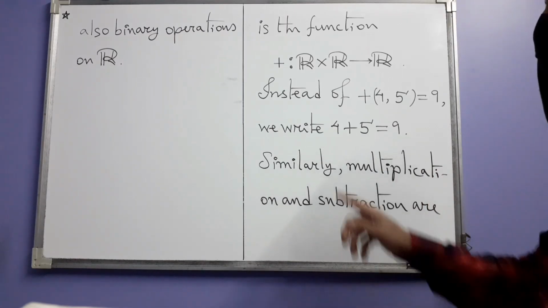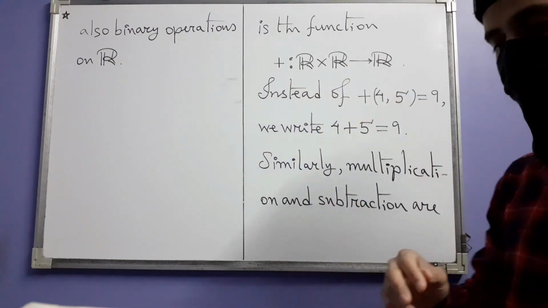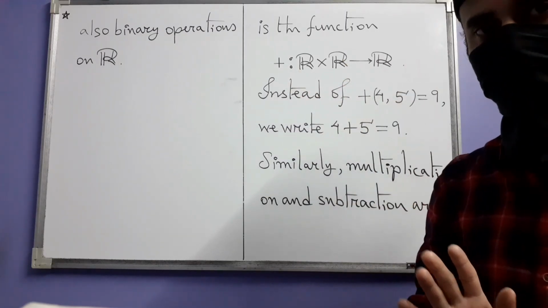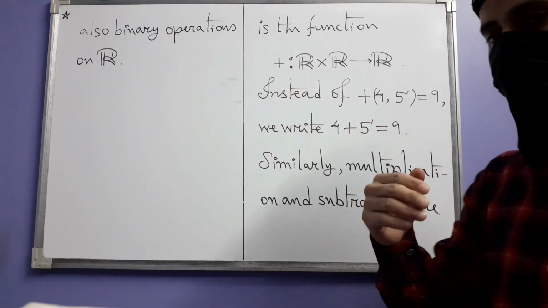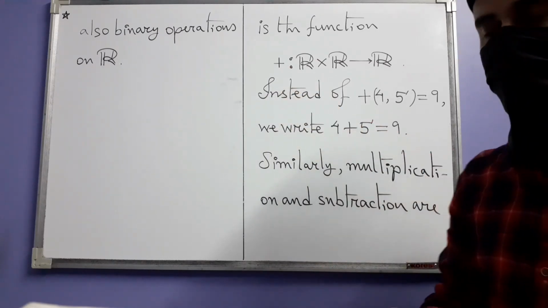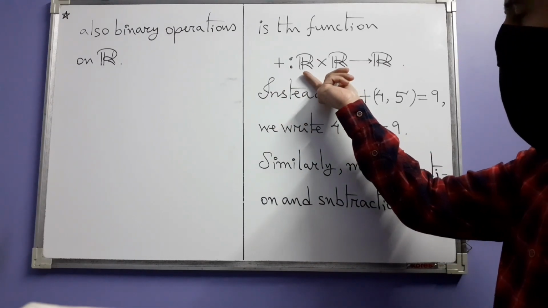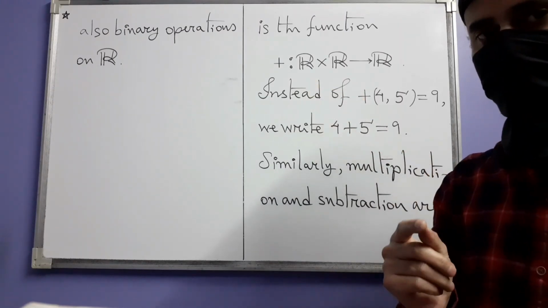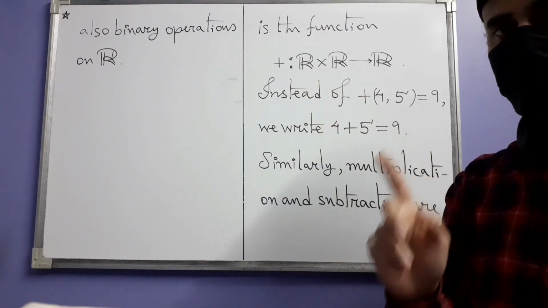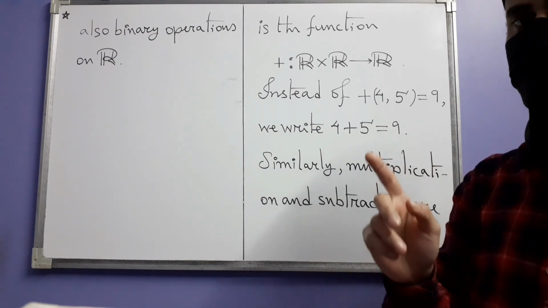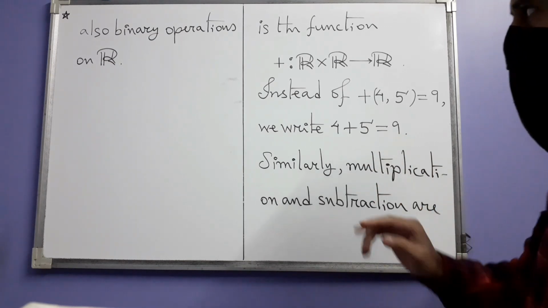By the way, why is this a function actually? You should also note that fact. For a relation to be a function, each element in the domain should have an image in the codomain. That is the first condition, and the second condition is that that image needs to be unique.